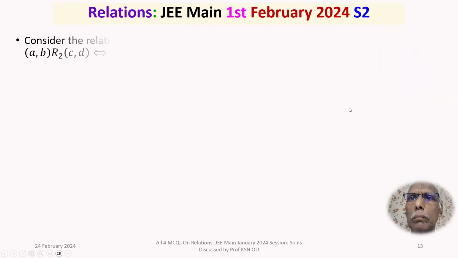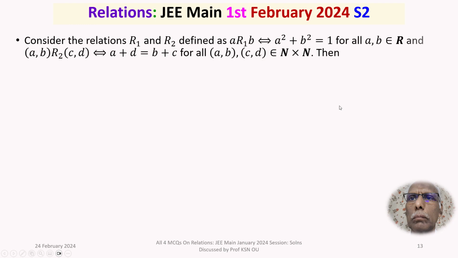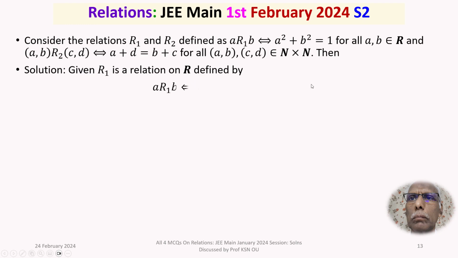We move on. So that's the problem. We now discuss the solution of the problem in detail. We are given R1 is a relation on the set of real numbers defined by A R1 B if and only if A square plus B square is equal to 1 for all A, B belongs to R.